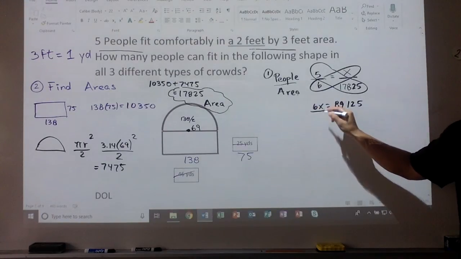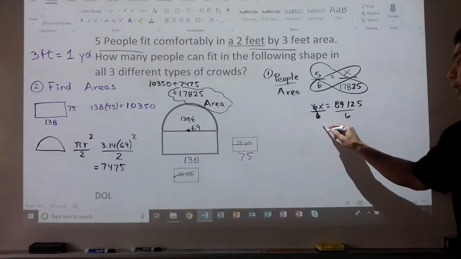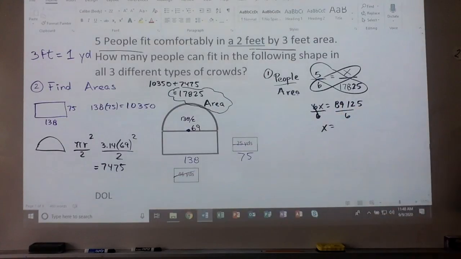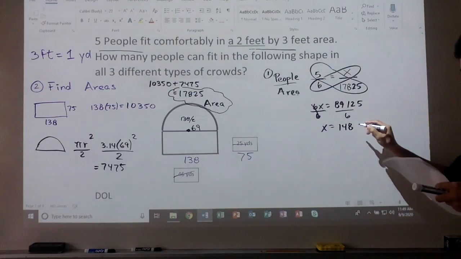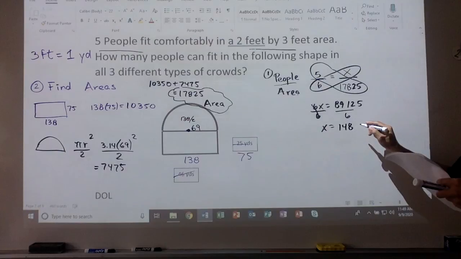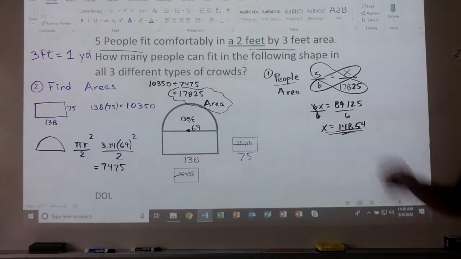What do I divide it by? Always the number next to the letter. So divide by 6. X equals 14,854. This is how many people fit in that thing.